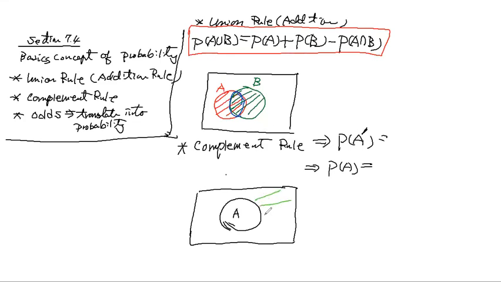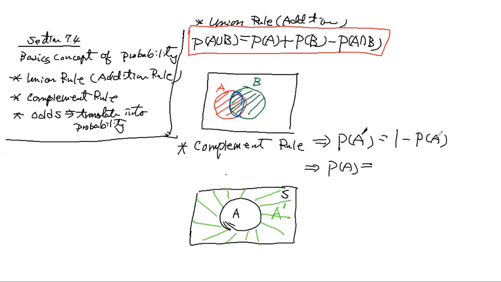So these green ones here, this is everything outside A. So the green ones here, this is what I call A prime, or we call it A complement. So in order to find the probability of A prime, I know the whole sample space includes everything, the whole sample space is 1. So I'm going to use 1 minus the probability of A.